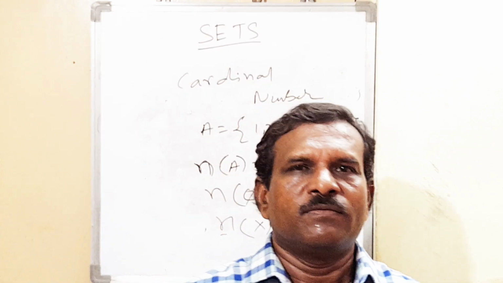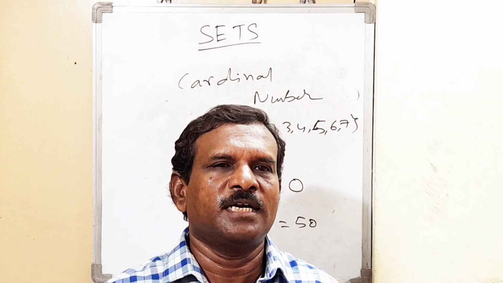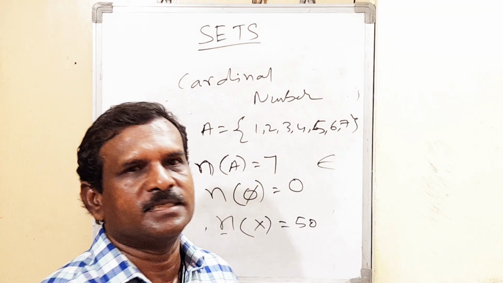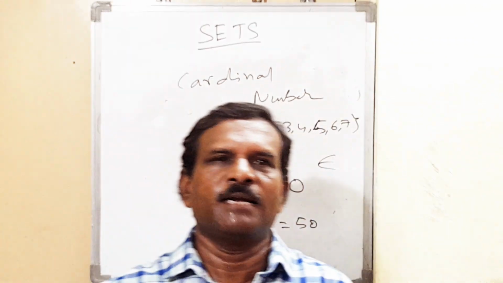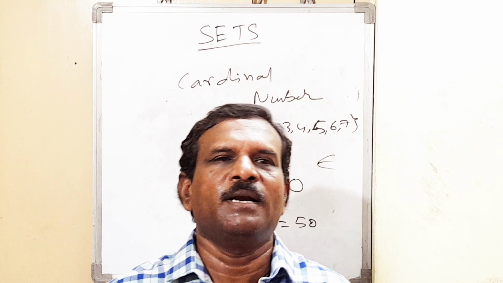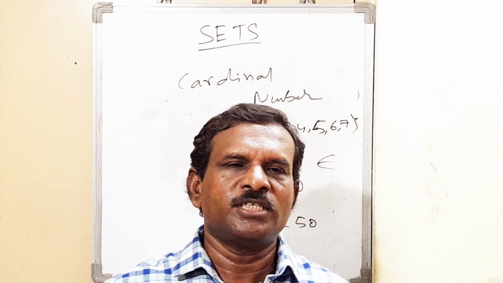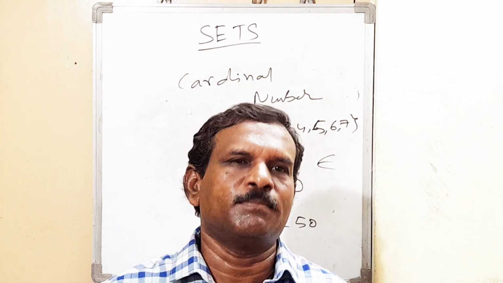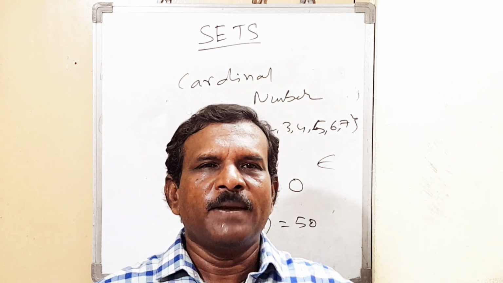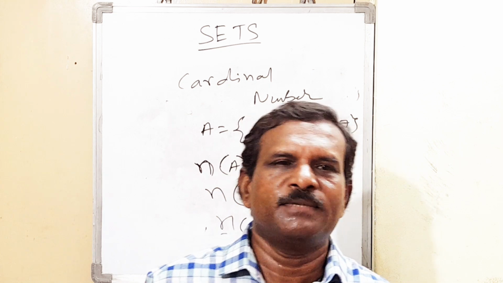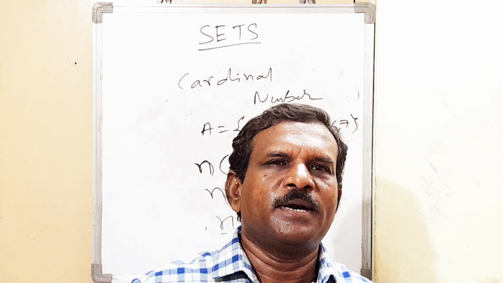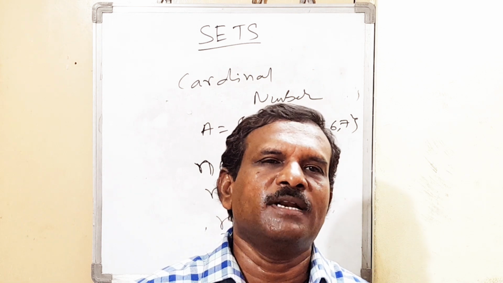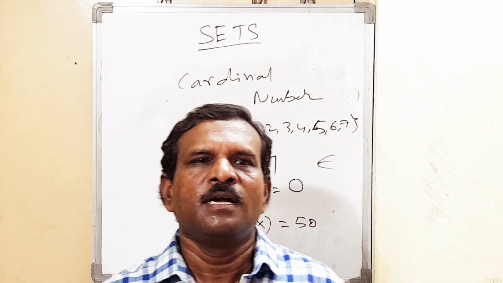To say whether an element belongs to the set or not, we use the epsilon symbol, which means belongs to or does not belong to. Sets can be represented in roster form and set builder form. In roster form, we list all the elements of the set separated by commas in braces. In builder form, we describe the general property of the elements, like x such that x is an even number.